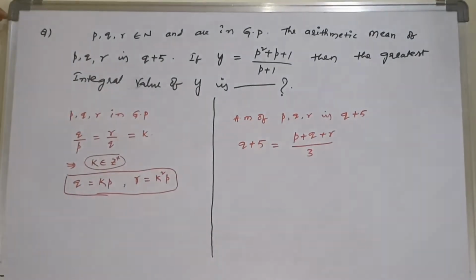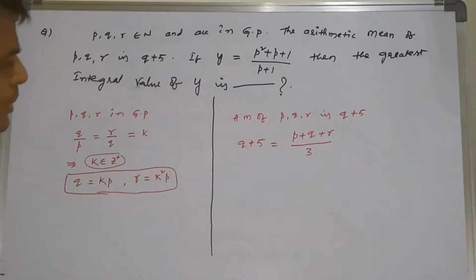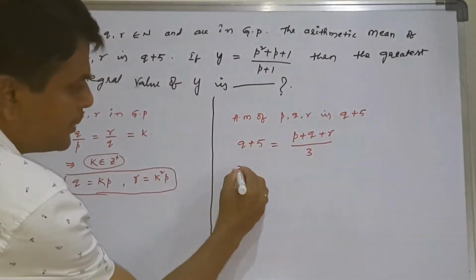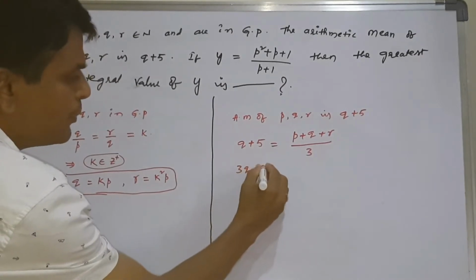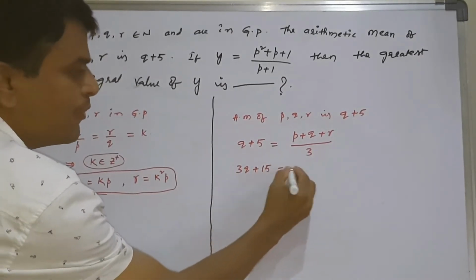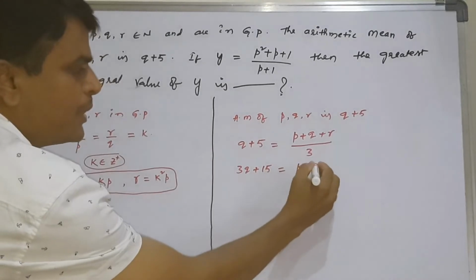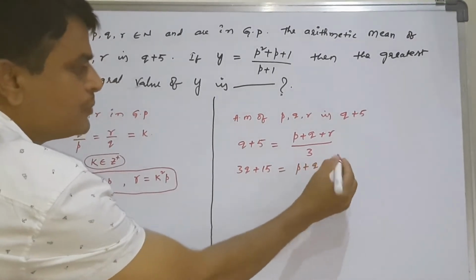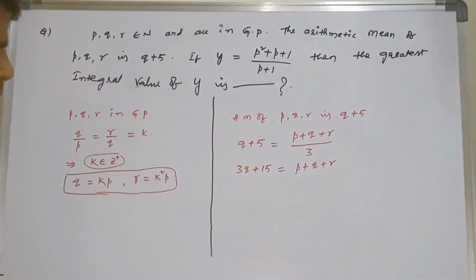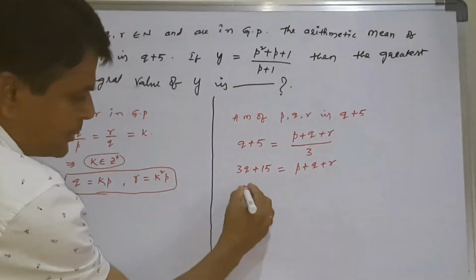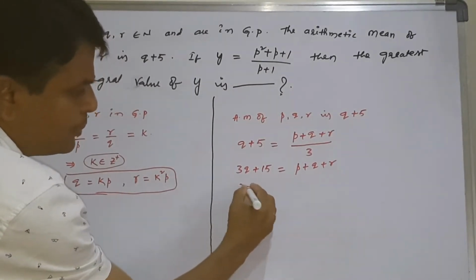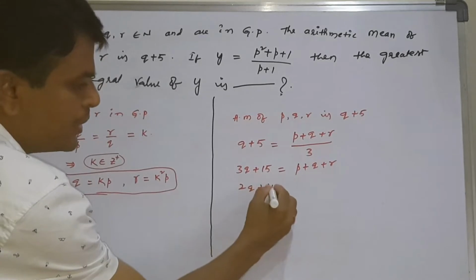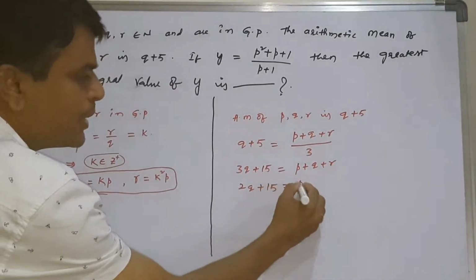On simplifying, we get 3Q plus 15 equals P plus Q plus R. So we can say 2Q plus 15 is equivalent to P plus R.